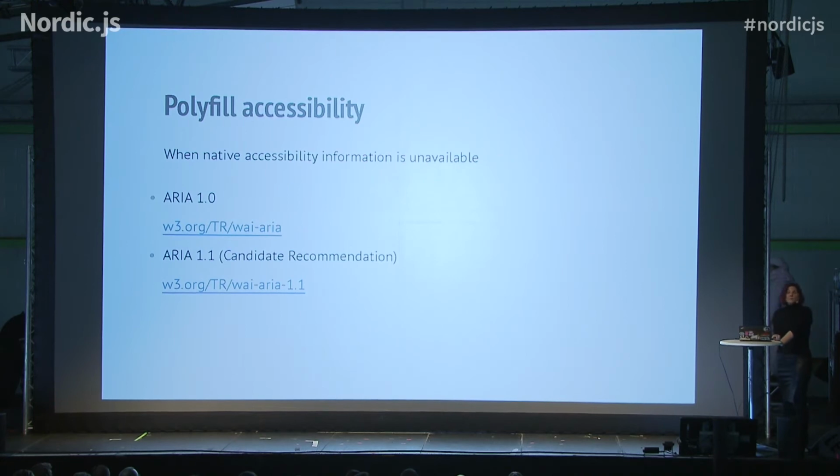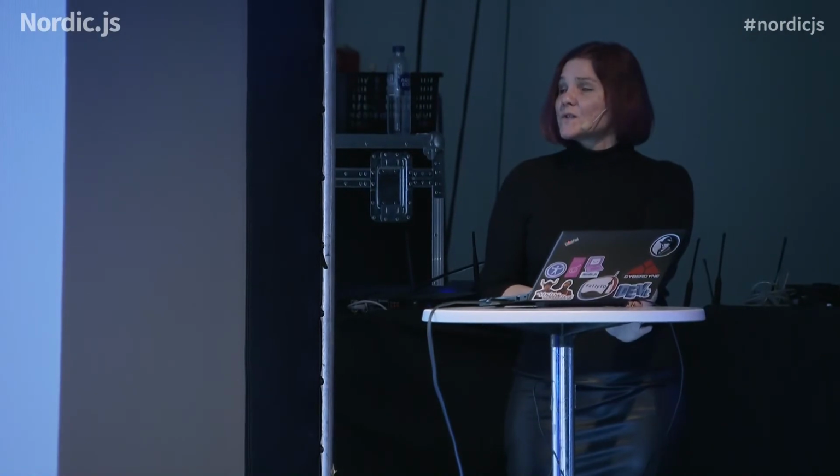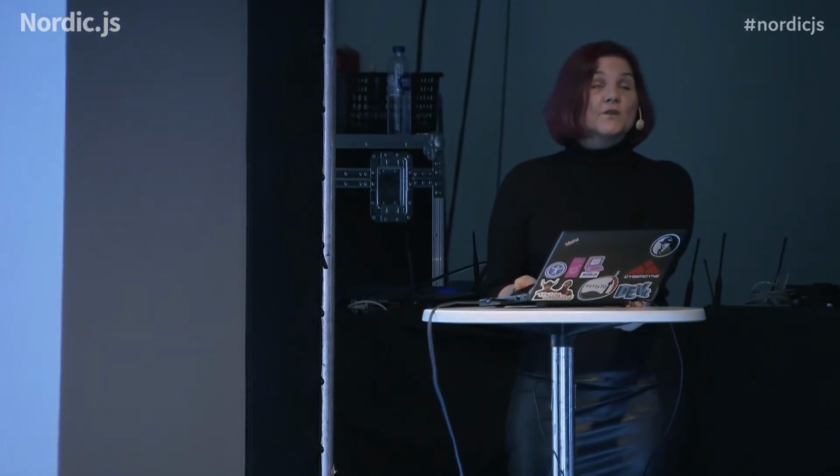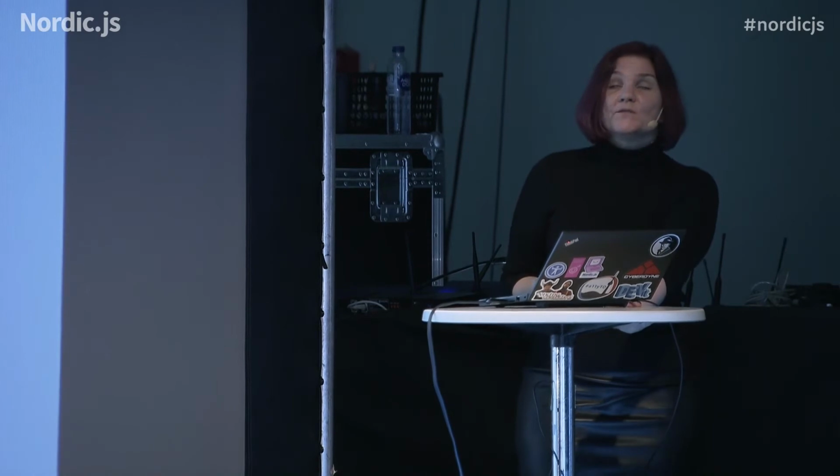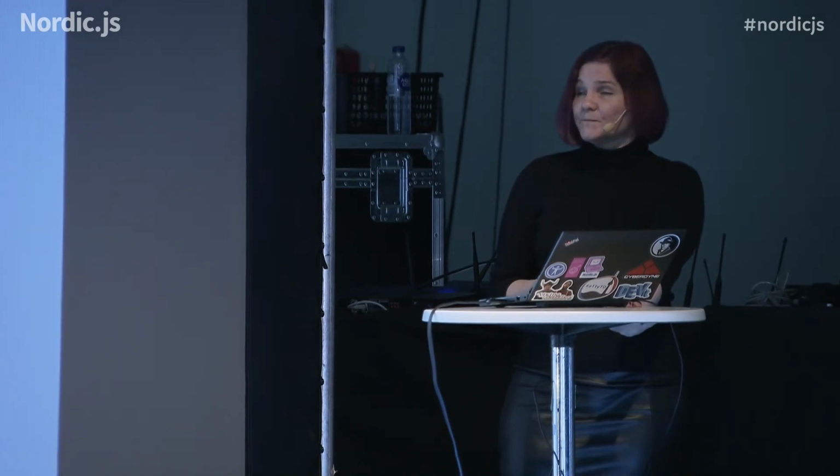And the answer comes in the form of a specification known as ARIA, ARIA to give it its full title, Accessible Rich Internet Applications. And it's a set of attributes that can be used on HTML and increasingly on SVG to polyfill missing accessibility information.